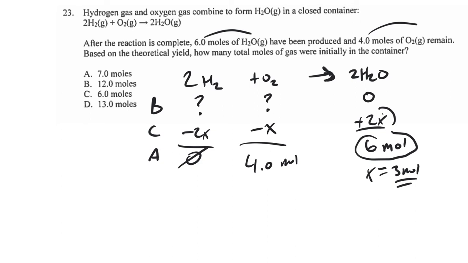And so if x is equal to 3 moles, and I have 4 moles of oxygen left, it means I originally had 7.0 moles of O2. That's 7 moles of O2, so I could lose x, or lose 3 moles, to get the 4 moles.